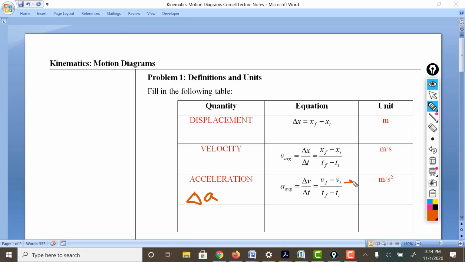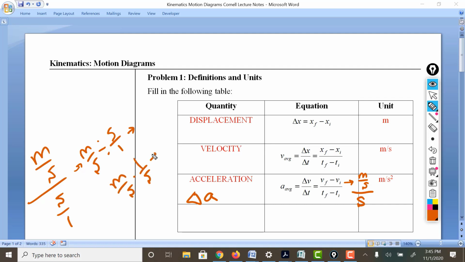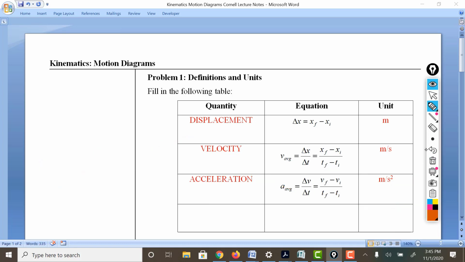Doing that, you know that velocity is a meter over second, and time is a second. So if we were to go ahead and do this, and then keep flip change, you would come to the conclusion that this is a meter per second squared. You are very well aware at this point that acceleration's units are meter per second squared. That is also the unit for gravity, which is a type of acceleration.